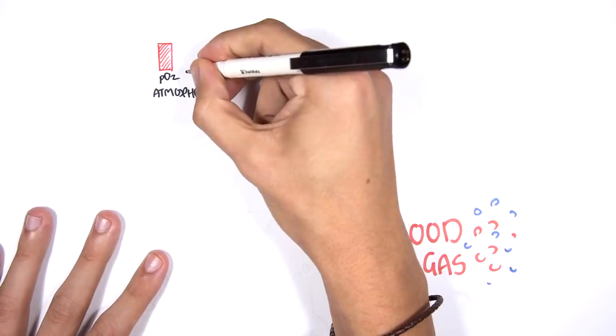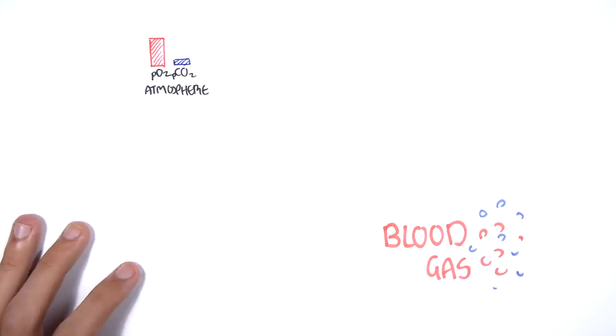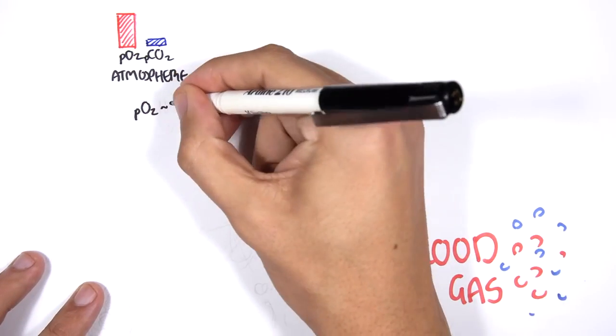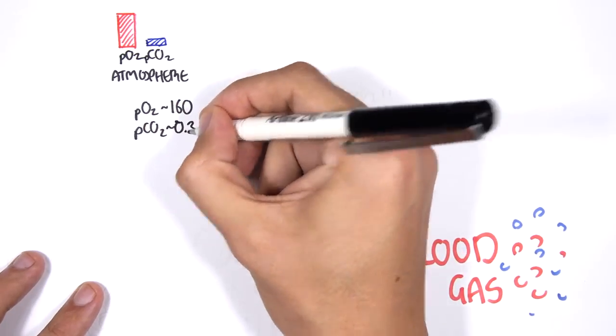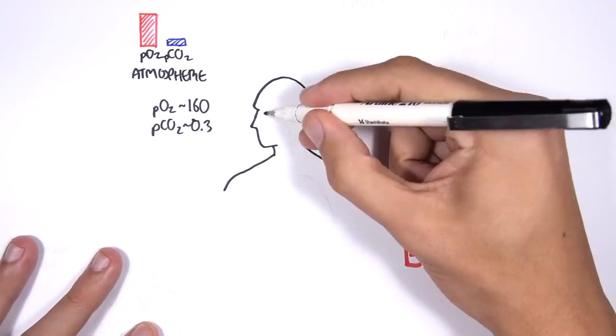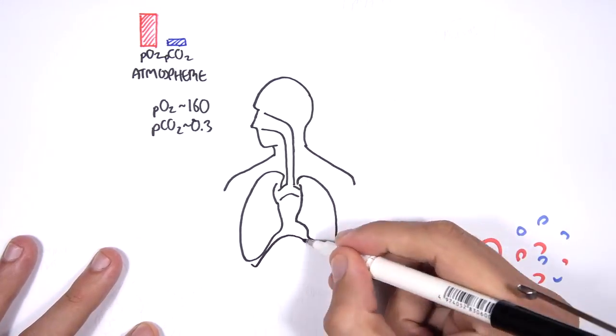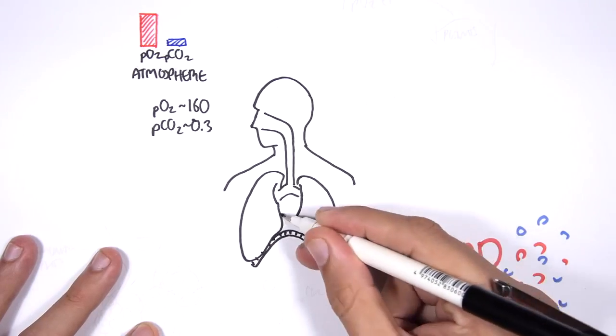To be correct, the partial pressure of oxygen is about 160 millimeters mercury, and the partial pressure of carbon dioxide is 0.3 millimeters mercury. And so this is what we actually breathe in during inspiration.